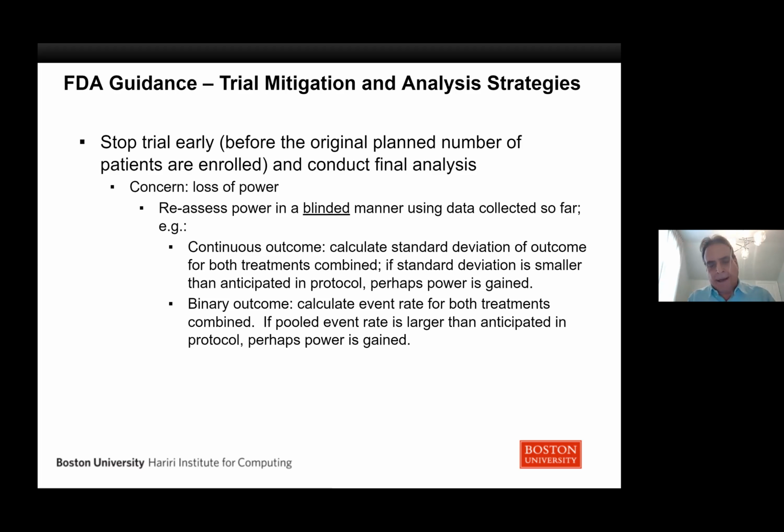But it also depends on what assumptions you are making about the treatment effect. If for some reason you also want to change the assumptions, without, of course, basing those changes on unblinded data, if you want to change your assumptions of effect size, and there is justification to do that, then that's something to consider as well.